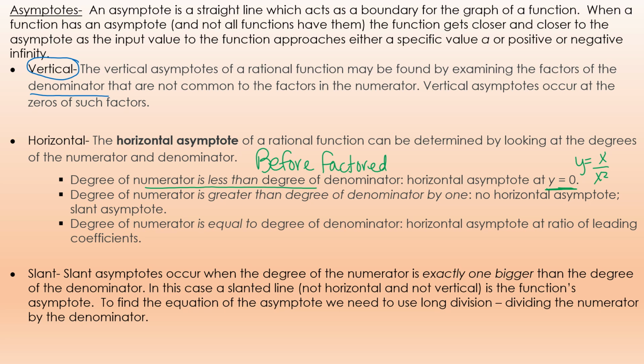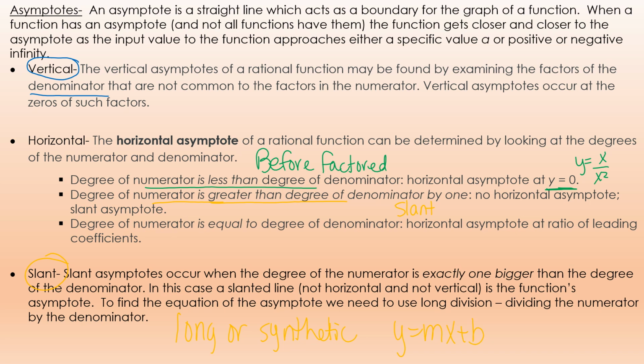If you have the degree greater in the numerator, then that's going to give you a slant asymptote, which you actually will need to do long or synthetic division in order to get the equation in slope-intercept form, y equals mx plus b.